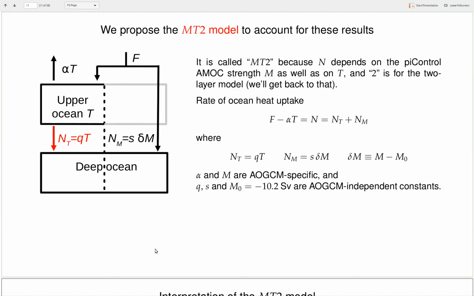Now there are two model-specific variables in this conceptual model, alpha and m, whereas q, s, and m0 are all AOGCM-independent constants. So whereas before we had an AOGCM-specific kappa, now we have an AOGCM-specific m instead, and q is a universal constant.